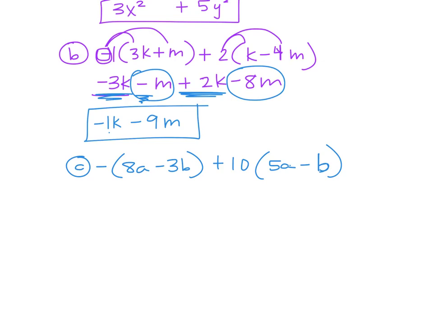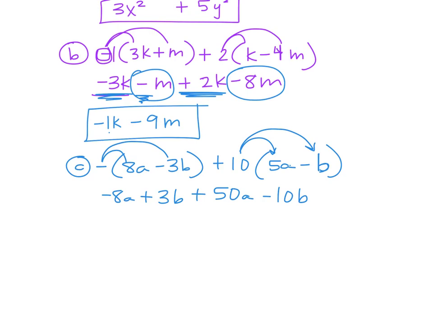All right, simplify that. Step 1 here. What's it going to become? Right, so negative 8a, and then this is minus a negative, which always becomes plus a positive, so plus 3b, plus what? 50a, distribute this, and then what? Negative 10b, so minus 10b.